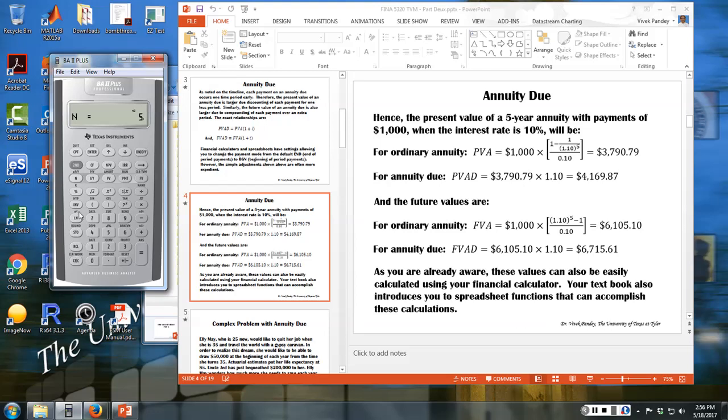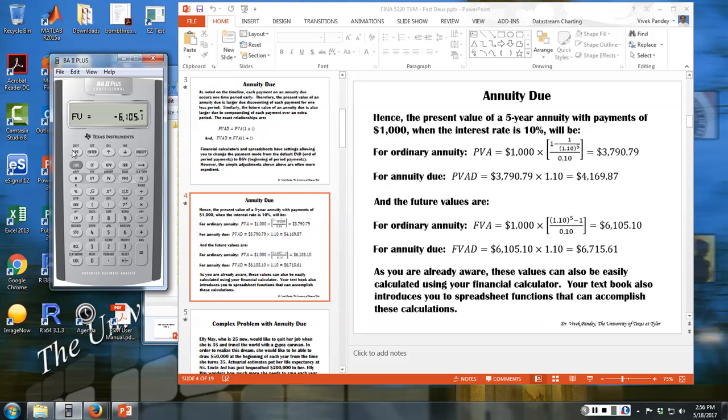So 5 is N, and interest rate is 10%, 10 is I/Y. Then if we compute future value, we get this 6105.10, right? And that's the future value.